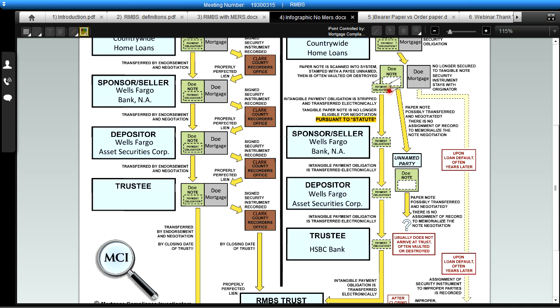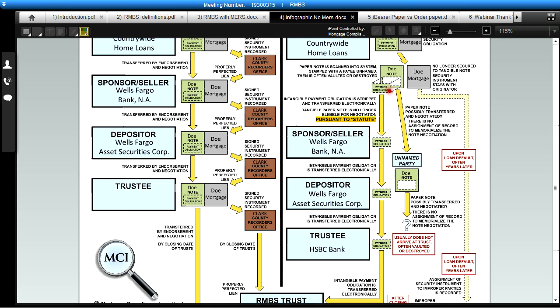I still own the building, but I'm going to sell the leases, the right to collect future payments. And under Article 9, you can do that legally all day long. So that is similar to what is being done to the promissory tangible note. The intangible payment obligation is stripped and sold.